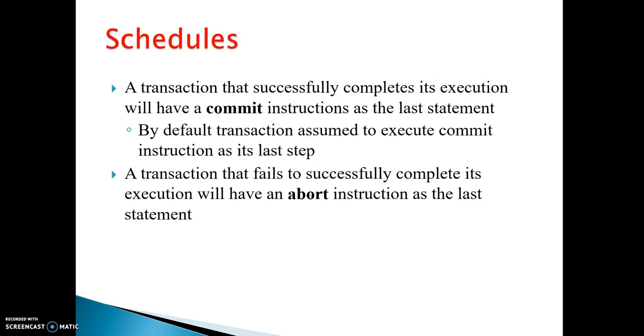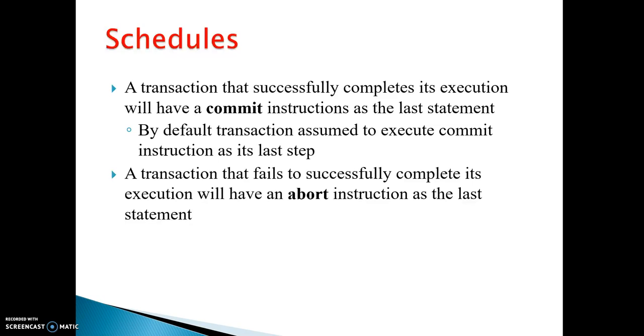A transaction that successfully completes its execution will have a commit instruction as the last statement. By default, a transaction is assumed to execute commit as its last step. Once it reaches the commit, it indicates that your entire transaction was performed properly.